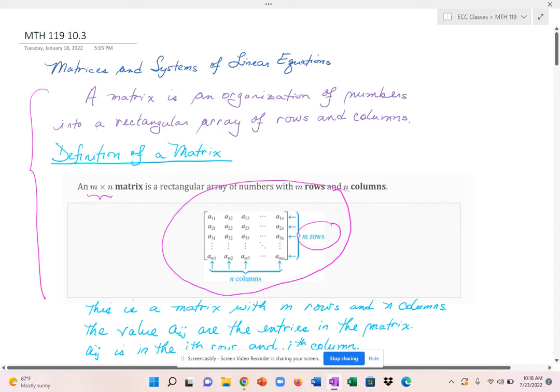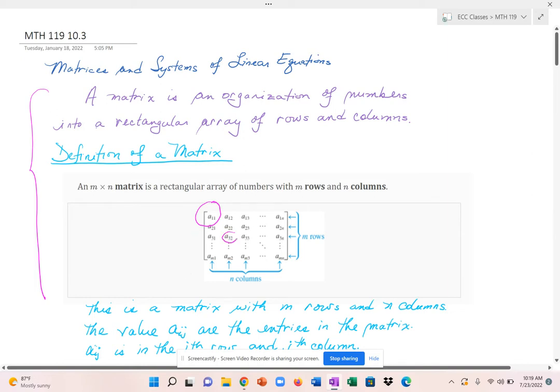Each element within the matrix would be a number. It could be variables, but something like this, a sub 1, 1, those numbers in the lower right-hand corner determine the row and column position of that. So a sub 1, 1 means it's the element in the first row, first column.